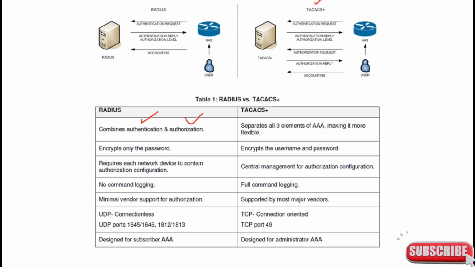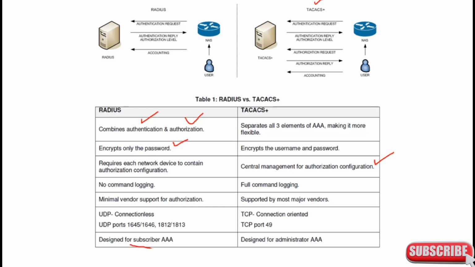Now Radius only encrypts the password, but TACACS encrypts both the username and the password. Radius requires each network device to contain authorization configuration, with central management only for authentication.